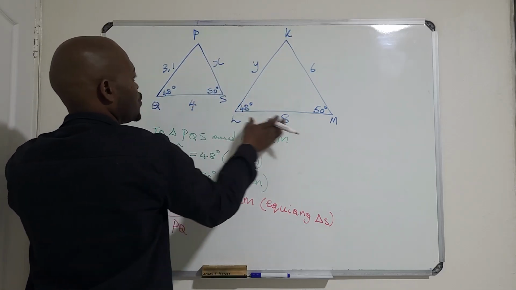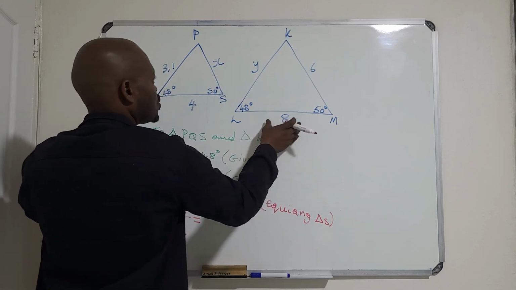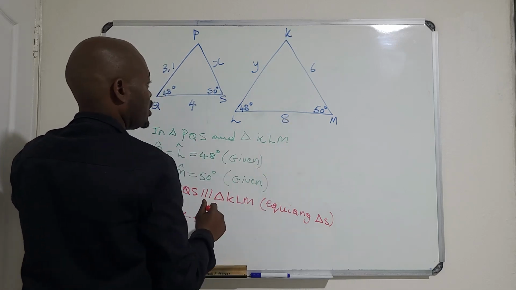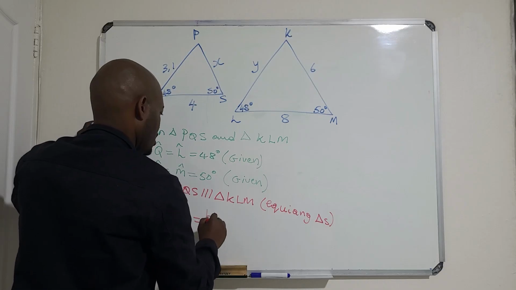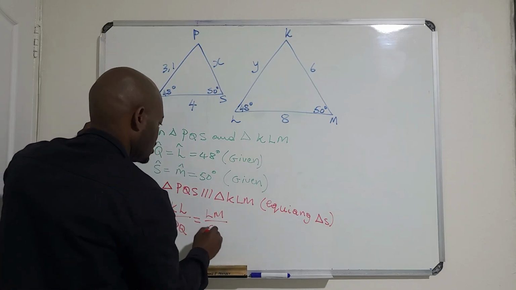Since we've got these two sides, we can say it is equal to LM over QS.